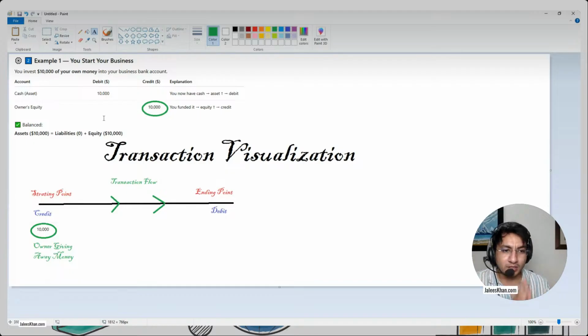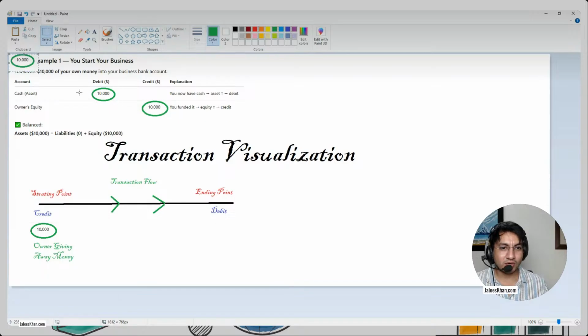Now the starting point of the transaction is that the owner is giving away the money. So that comes into the credit, because the starting point of the transaction is denoted by the word credit. And the ending point of the transaction is this one. I will keep it here.